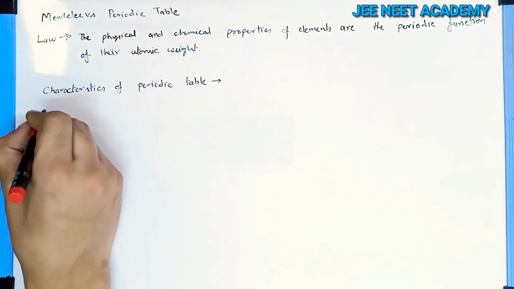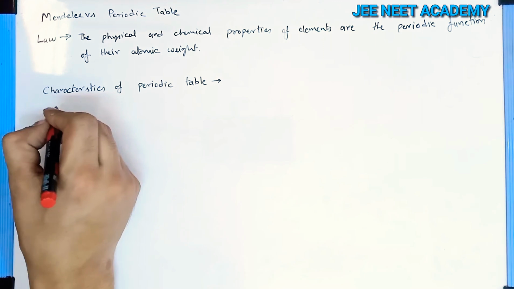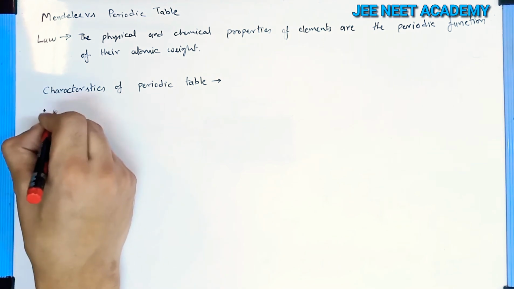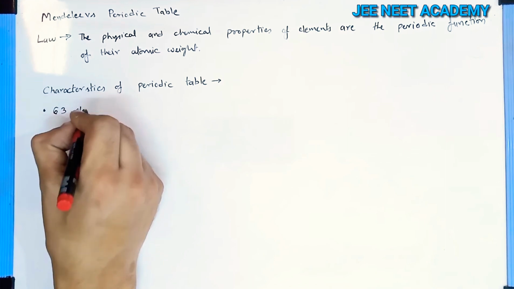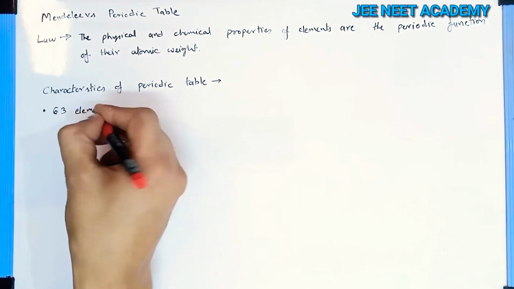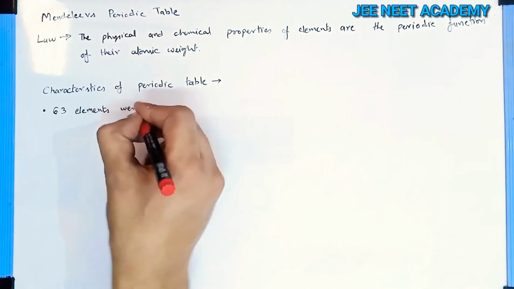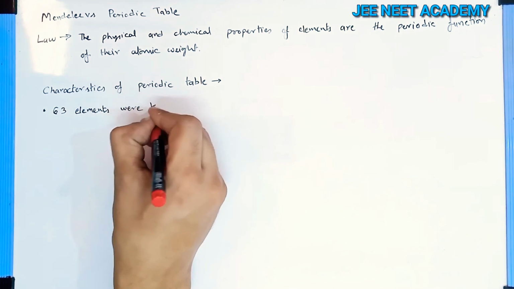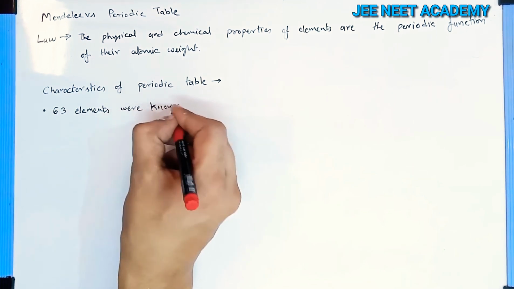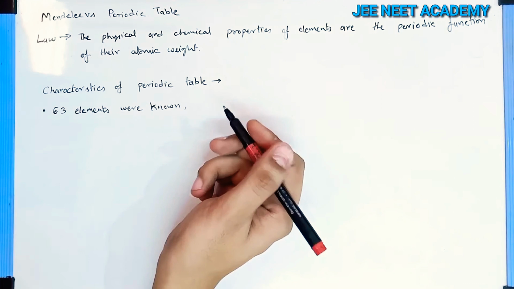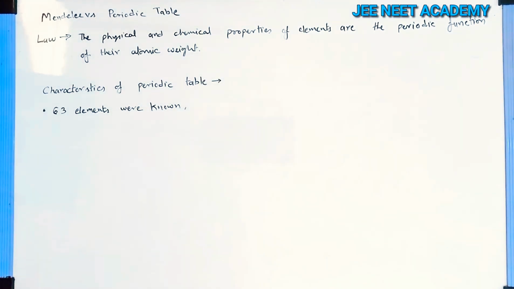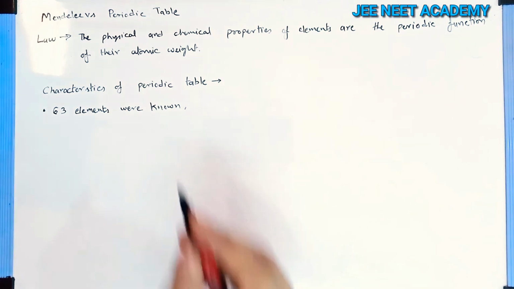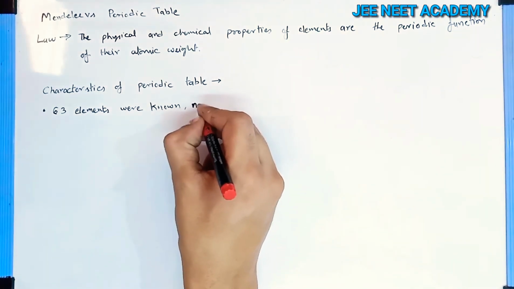First point in this, 63 elements were known. And noble gases were not discovered.